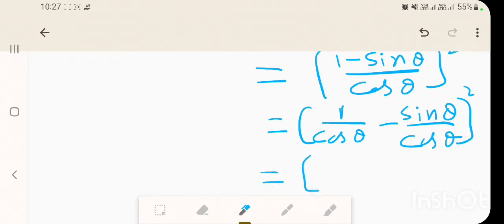We know that 1 by cos theta is secant theta, and sin theta by cos theta is tan theta, whole square. This is nothing but our LHS. So that is what they have asked.